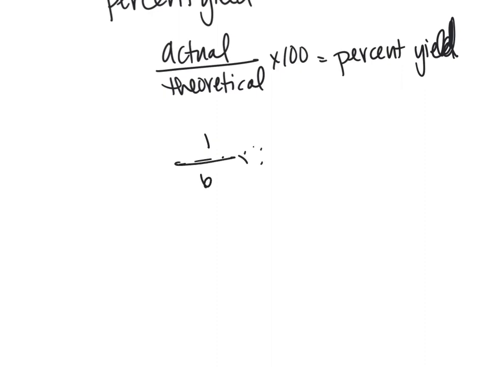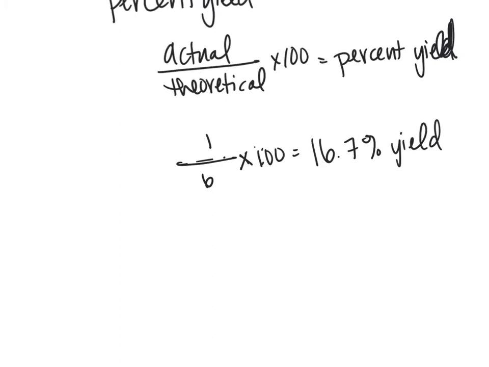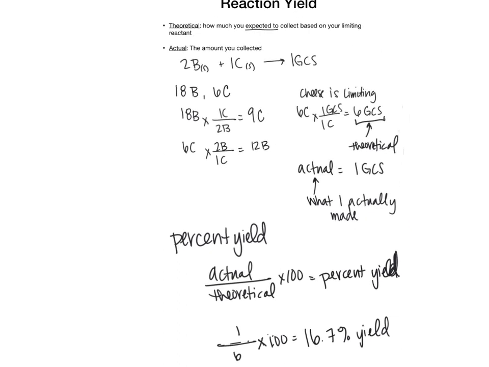We're going to multiply that by 100, and that's going to give me my percent yield. And so 1 divided by 6 gets you 16.7% yield. So I made 16.7% of the possible.